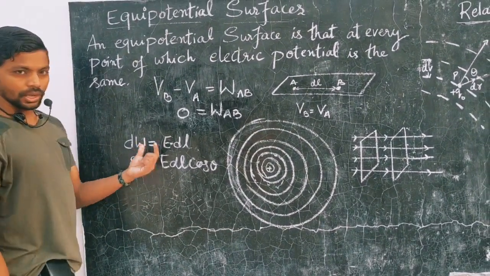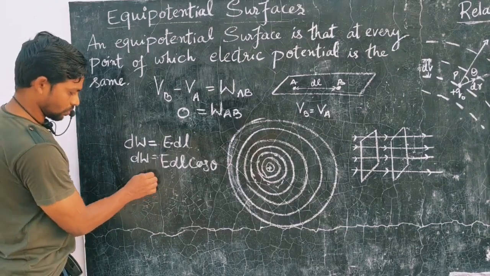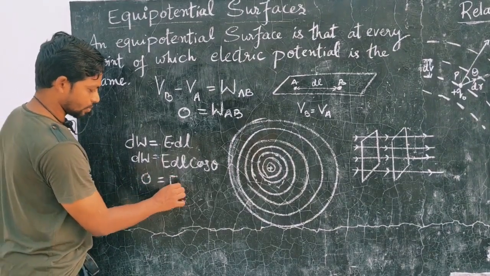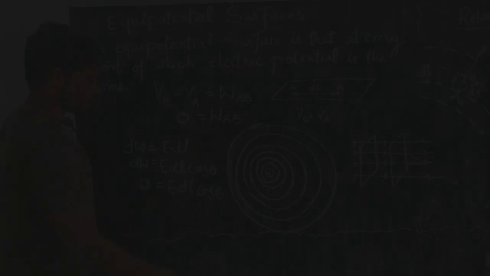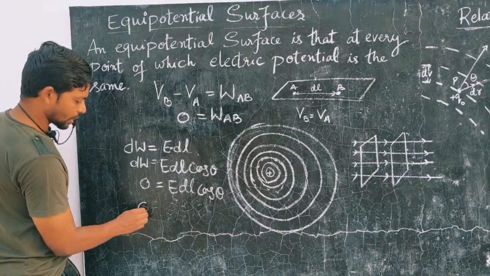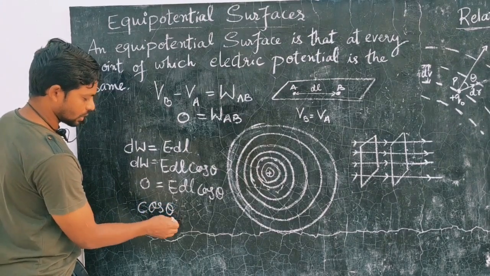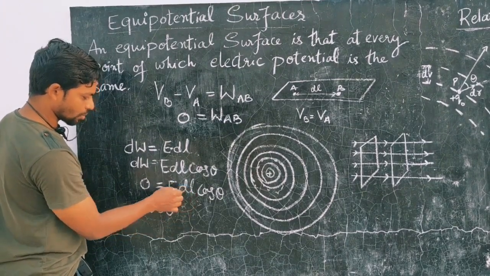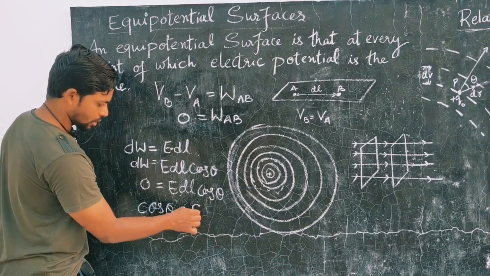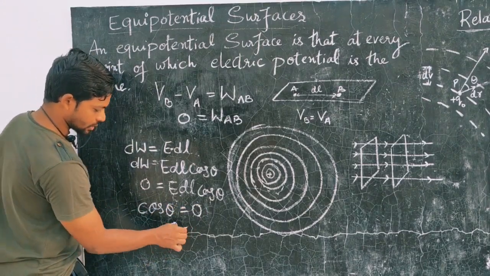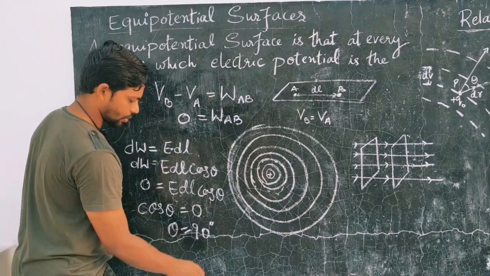Since the work done on an equipotential surface is 0, so I can write E dl cos theta equals 0. Here, E and dl cannot be 0, so cos theta can be 0 if theta is 90 degrees.